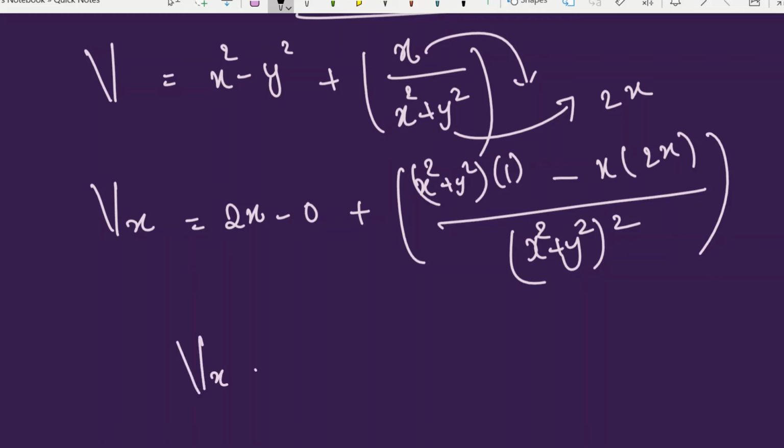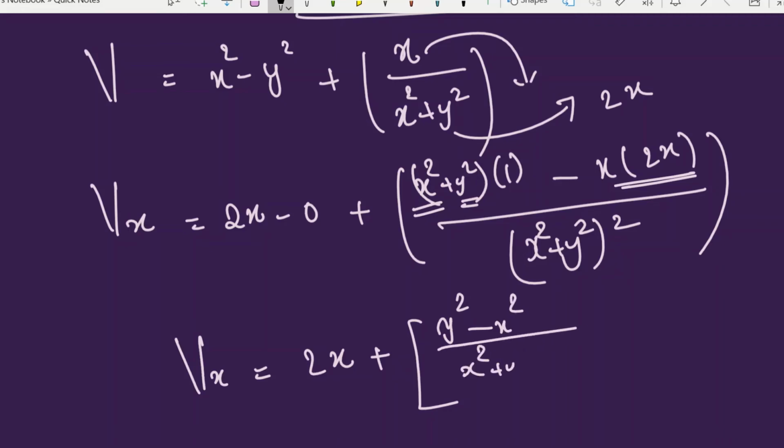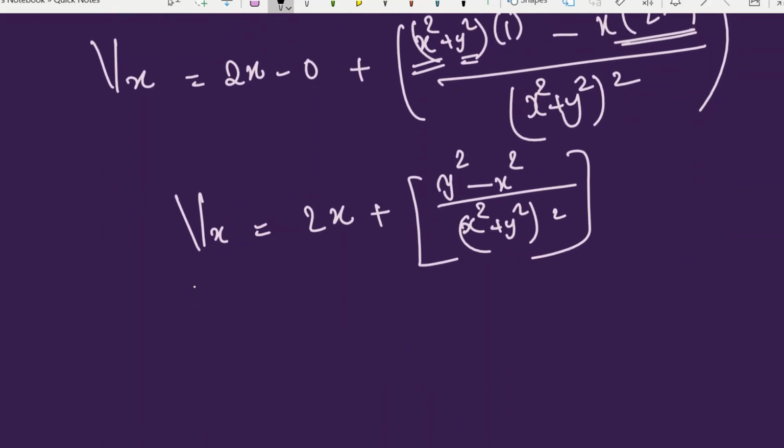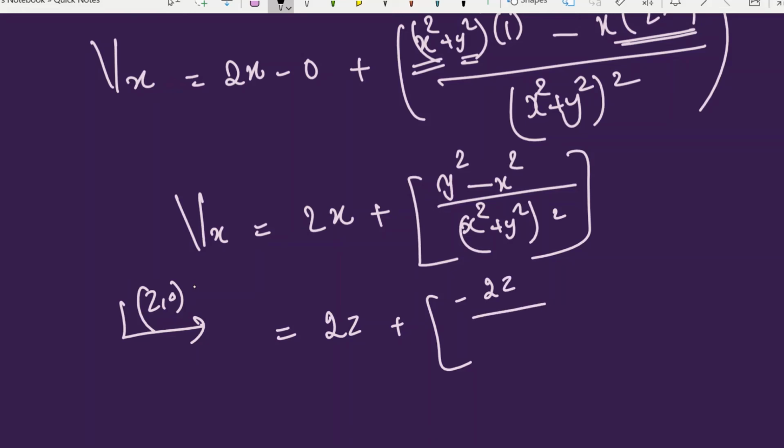And vx equals 2 times of x plus here y square, x square minus 2 times of x square, so minus x square divided by x square plus y square whole square. Now substitute the point z and 0. 2 times of z plus minus 2 times of, here 2z minus z square, z square plus 0, z square the whole square.